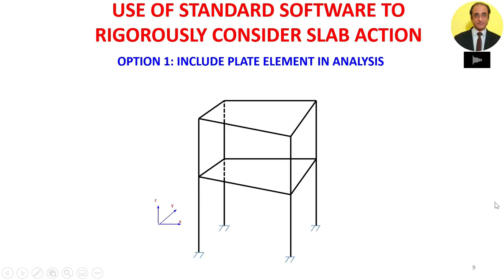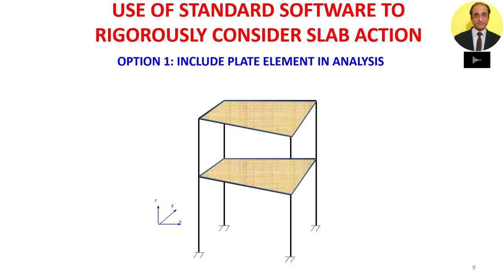What can we do if we are working with standard software and we want to rigorously consider the slab action? For that purpose, there are two options. Option one is that if our software has plate elements, then we can include plate elements and model them, and this would rigorously include the action of the slab in the lateral load distribution.